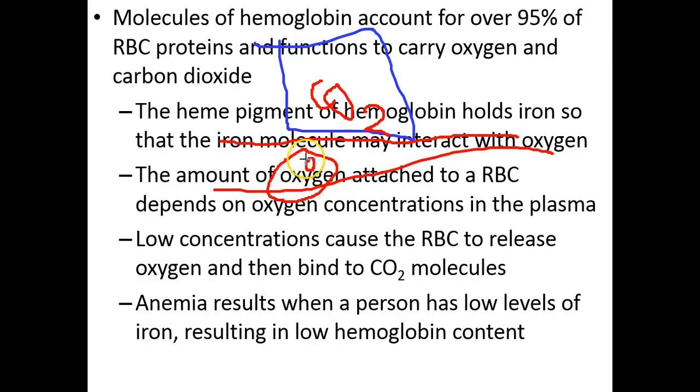So since there's a high concentration of oxygen out here, it's going to naturally want to go inside the cell. And what actually happens is that carbon dioxide, being in high concentration inside the cell, naturally wants to move out. And it ends up exchanging with that red blood cell. Now that red blood cell is going to be carrying the carbon dioxide back to the heart, which travels to the lungs, so that same gas exchange can occur in the opposite direction, getting rid of carbon dioxide, picking up oxygen.